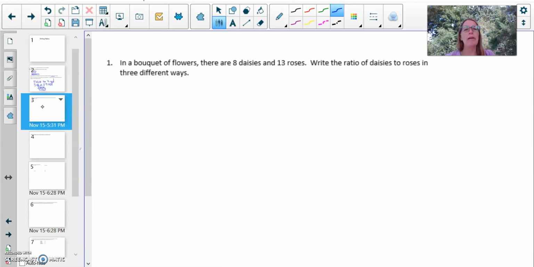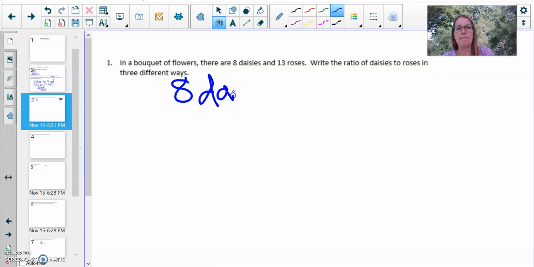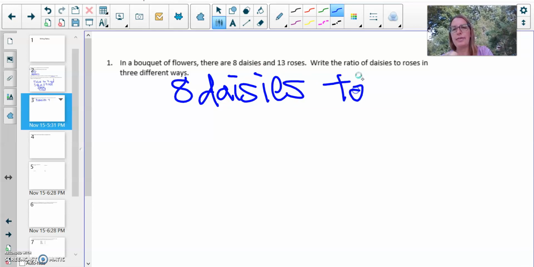So in a bouquet of flowers, there are 8 daisies and 13 roses. Write the ratio of daisies to roses in 3 different ways. So we have 8 daisies to 13 roses.